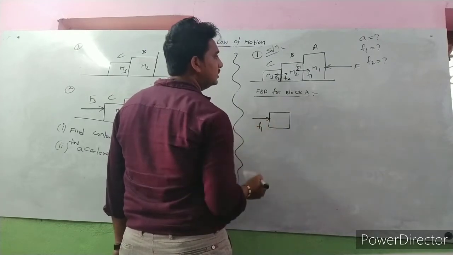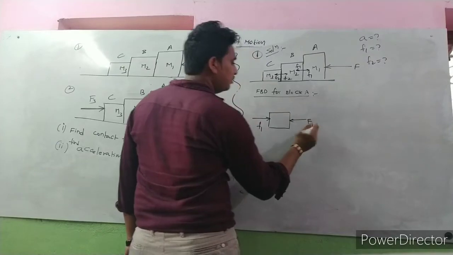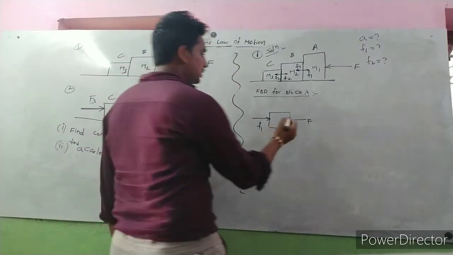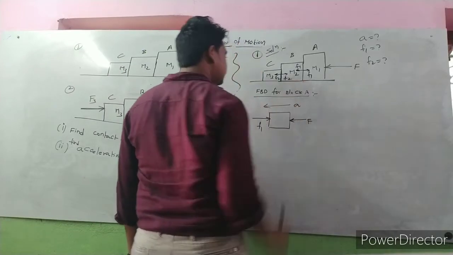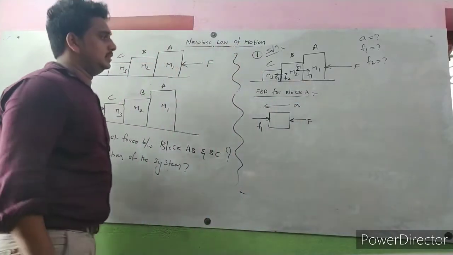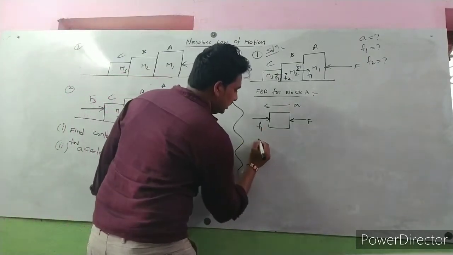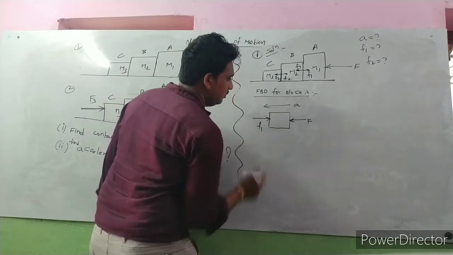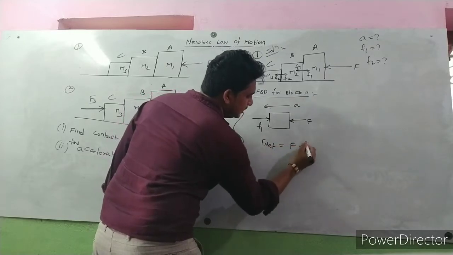F1 force is acting in this direction, and F force is acting in this direction. Acceleration also acts in this direction. From this, F net is equal to F minus F1.